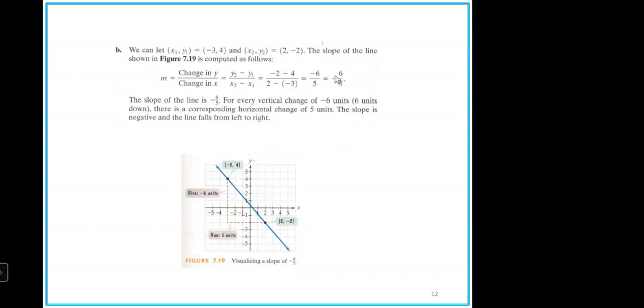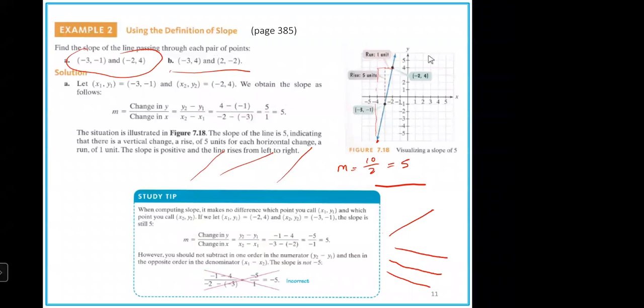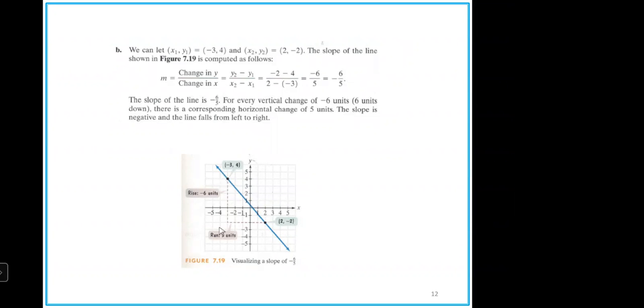And by the way, because this is a -6, you end up moving down instead of up. With the other one, you are moving up because you're at a positive, but with the negative slope, you're moving down. And then you move across 1, 2, 3, 4, 5. Okay. So the slope in this case is -6/5. It's going downwards. And wherever you measure on the line, you should get that same slope. Okay. So for every 6 that you move down, you're going to end up moving 5 units across.